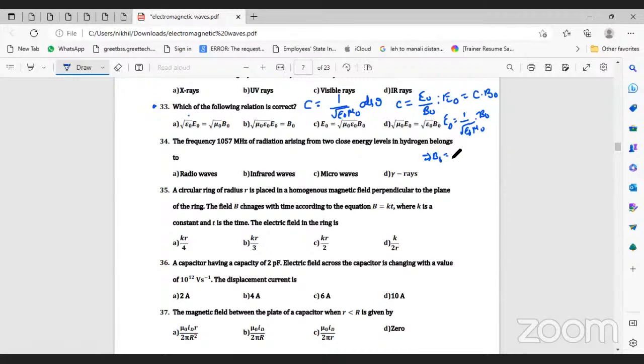B naught is equal to root of epsilon naught into mu naught into E naught. So B naught is equal to root of epsilon naught into mu naught into E naught, which is there in option B. So option B is the right answer among the relations between E naught, B naught, epsilon naught and mu naught. Clear?